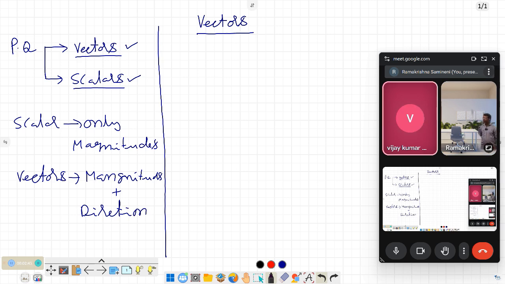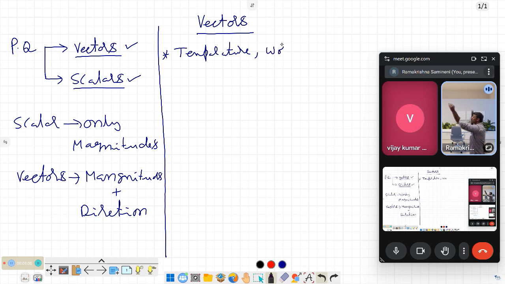Examples for scalar quantities: we have many scalar quantities. Most often we use temperature, which is one example of a scalar quantity. Work is also a scalar quantity, and distance is also a scalar quantity. Like that, we have many physical quantities in physics which have only magnitudes.